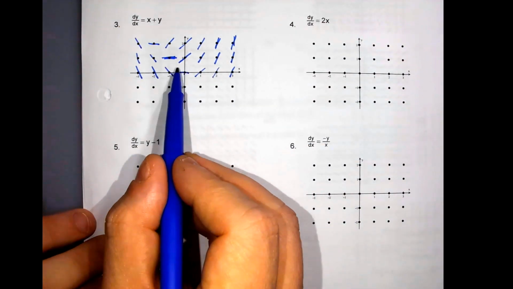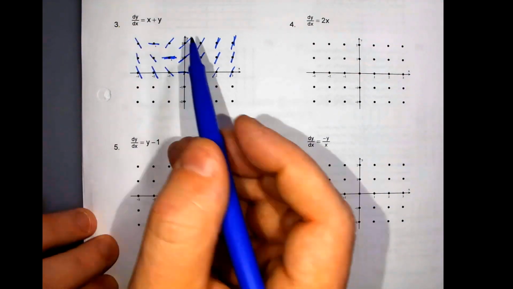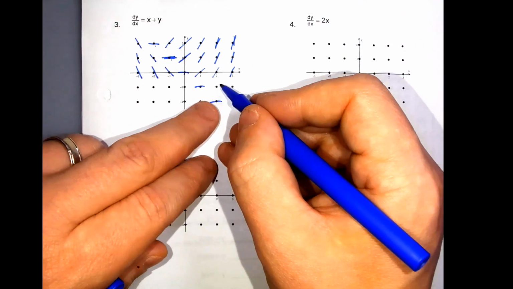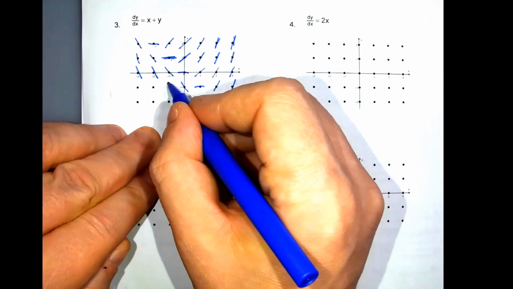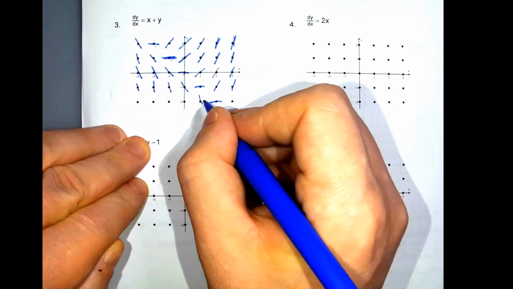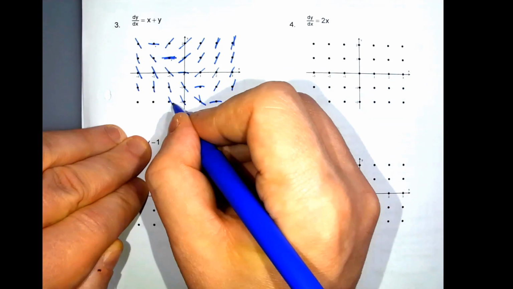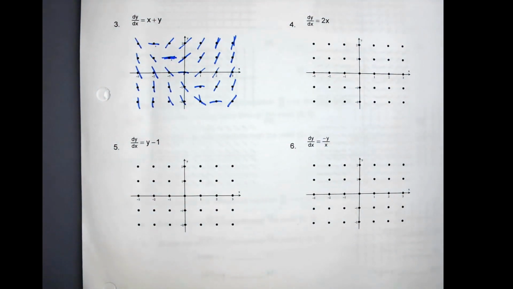So here the interesting pattern I'm seeing is on the line y equals -x, well, if x is the opposite of y, we keep on getting zeros. And then on this way, they keep getting more and more positive, and on this side, they become more and more sharper negative. So I'm just going to complete this by putting in these points. Sharper and sharper negative, and then sharper positive. So that's what the slope field would look like for x plus y.